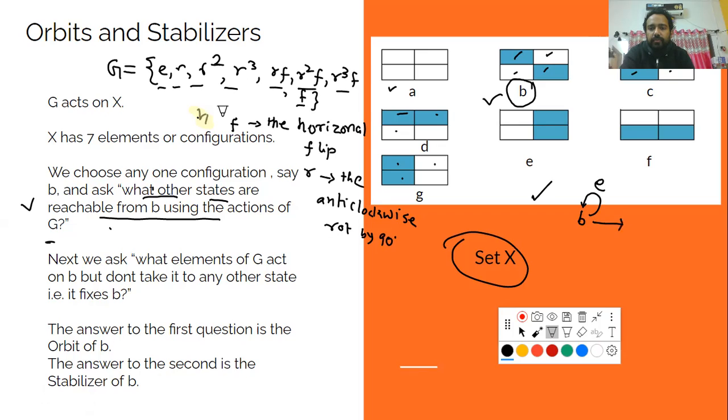B acted upon by R: R is a rotation by 90 degrees in the anticlockwise direction. So this blue comes down here, this white would come here, so that we get C.